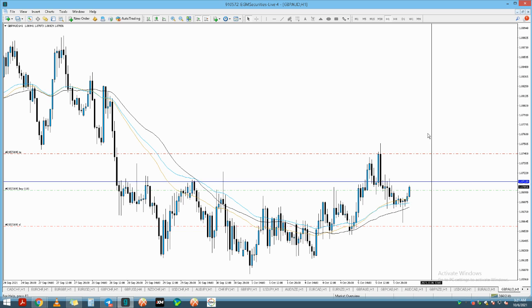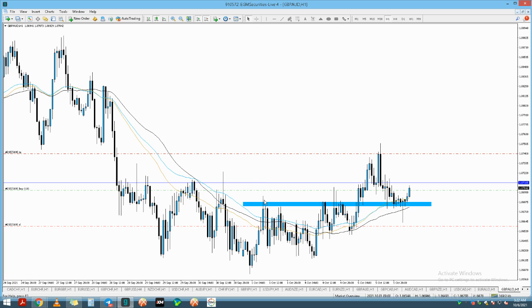I'm going to remove some of this so that we have a clear look at price. First thing that pops out on the screen is this level right here. See that level? It held as a resistance at this point, and it also held as a resistance at this second point, before being broken strongly by price, with bulls taking control and breaking the resistance, and then price came back to retest it.